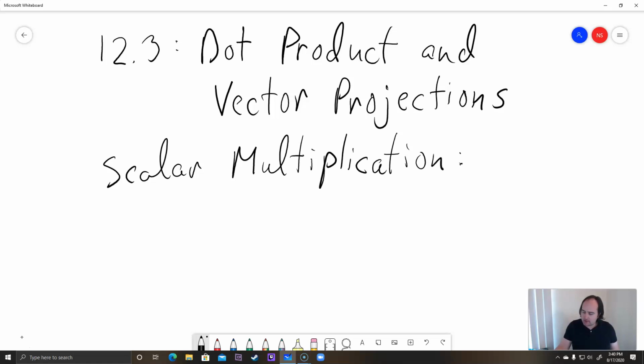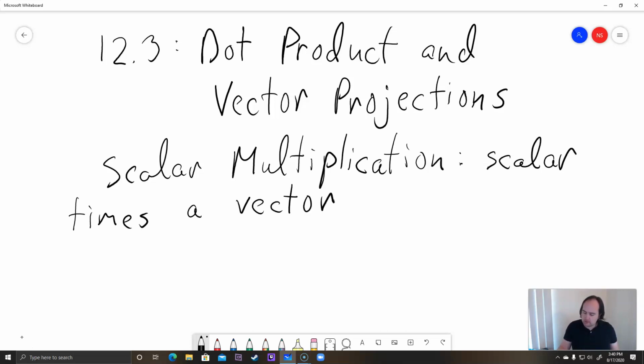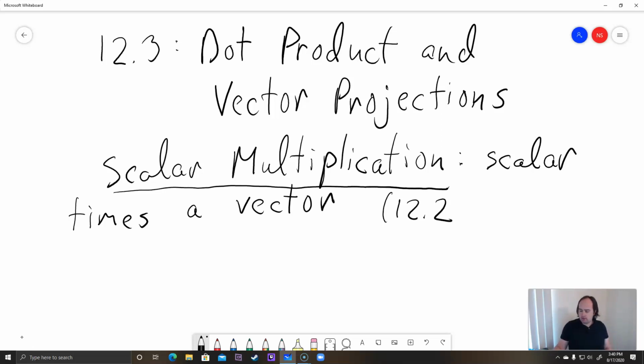A scalar multiplication is a scalar, which is going to be a real number, times a vector. So we learned that in the previous section, 12.2.